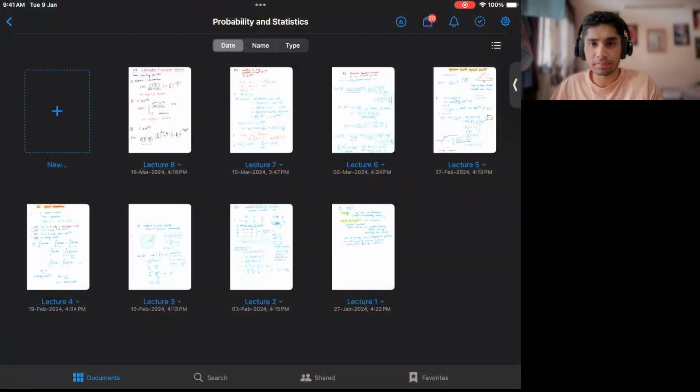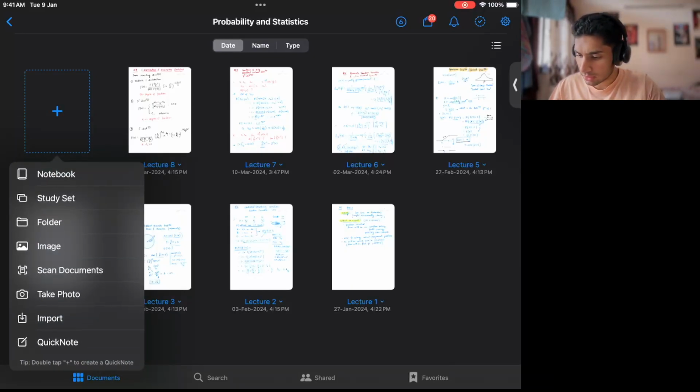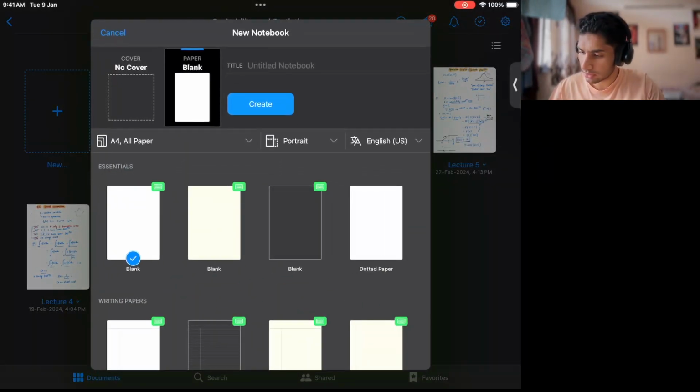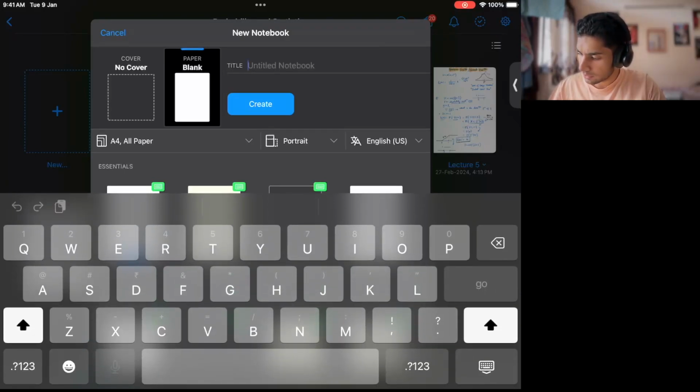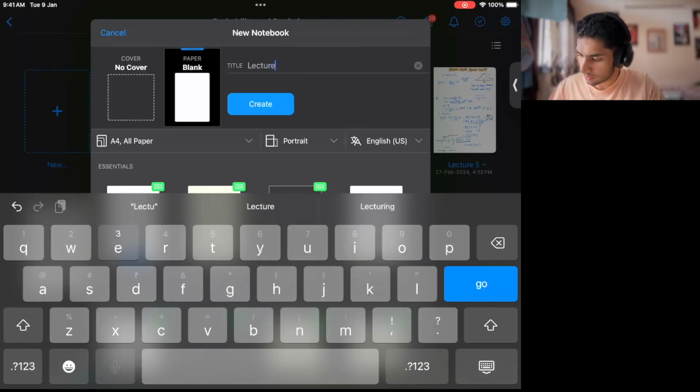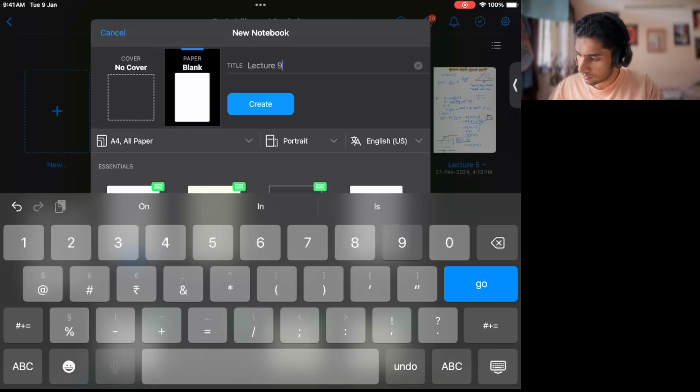So the screen is shared, I suppose. Right. Okay. Create a new notebook. This is section 9.